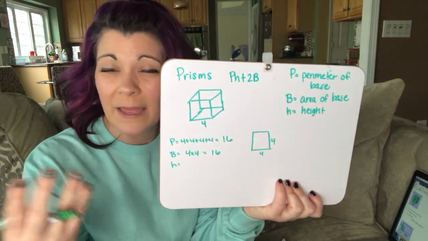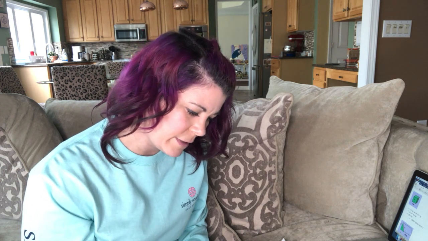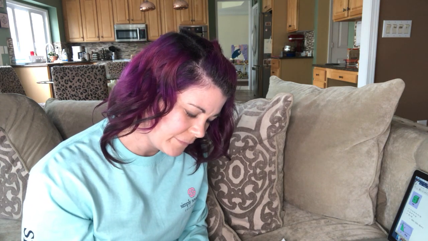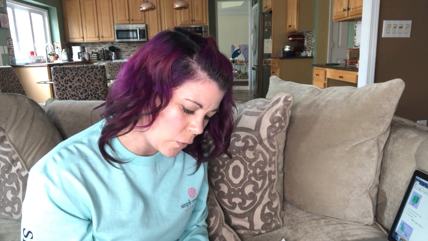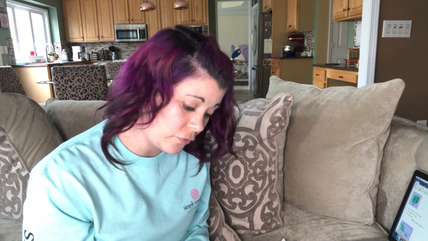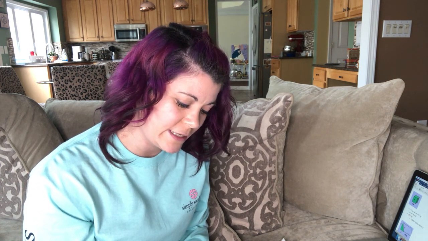And then the height, it's a cube, so we know the height's 4 because everything's 4. Everything's the same for a cube. So now I'm going to take that and plug it into the formula. So P is 16 times H, which is 4, plus 2 times B, which is 16.